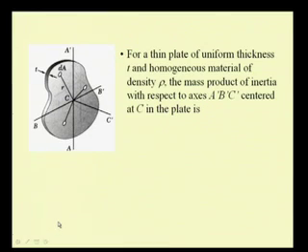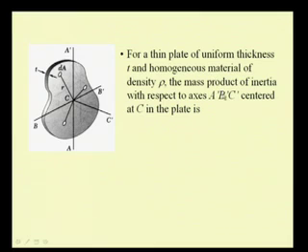Now, let us discuss how we go about finding the product of inertia. Here we are taking again the same plate, again having a homogeneous material, so this density rho does not vary and the thickness is also constant.